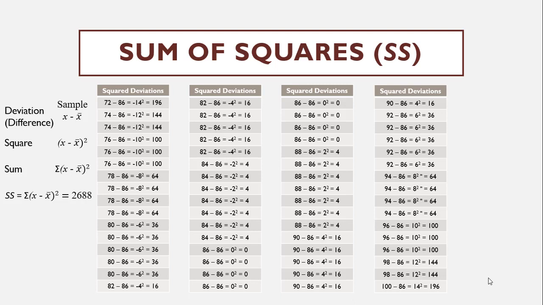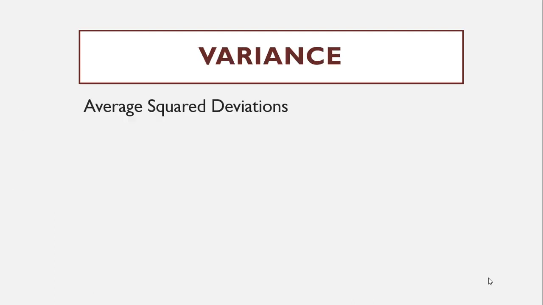This number will naturally grow larger as we have more scores in our sample or more scores in our population. So we need to adjust it. We need to account for the number of scores. And the next step does that. So we have the sum of squares, and we use those to get the variance, which is the average square deviations. So when we did the mean, when we got an average, we took the sum of x, we divided by n. We divided by the number of scores.